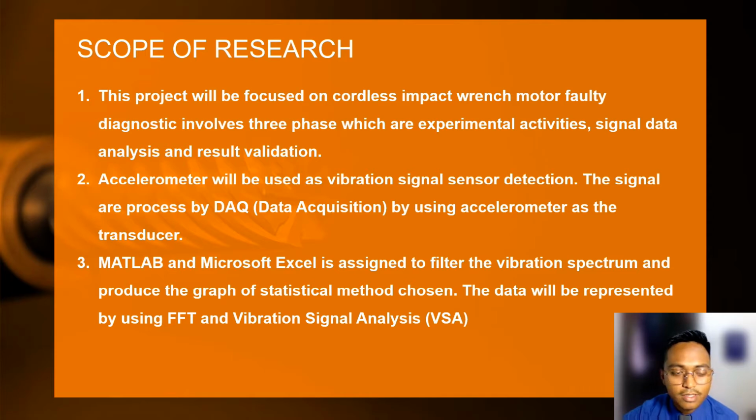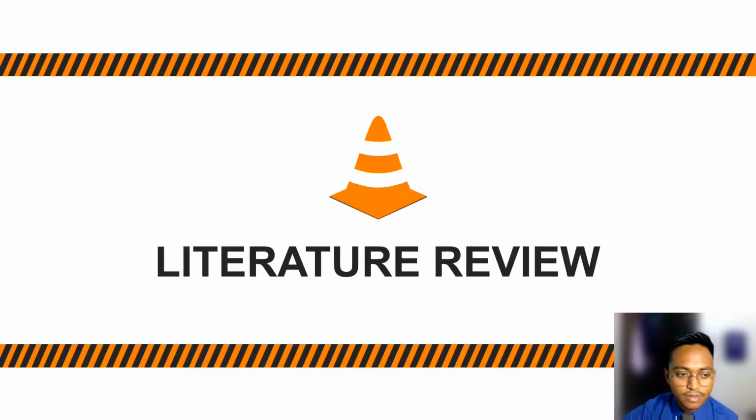The third one is MATLAB and Microsoft Excel, used to filter the vibration spectrum and to produce the graph of statistical data. The data will be represented by using FFT and vibration signal analysis.